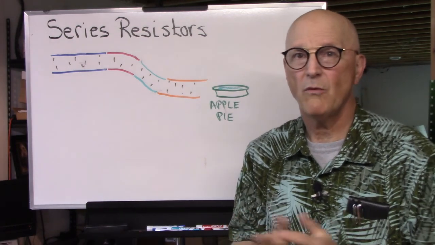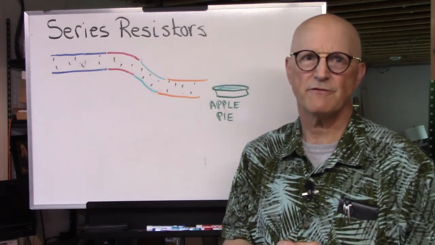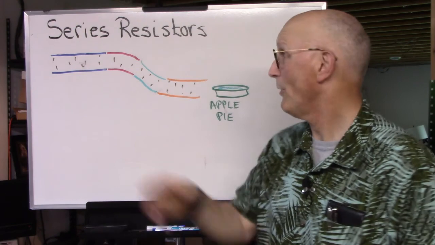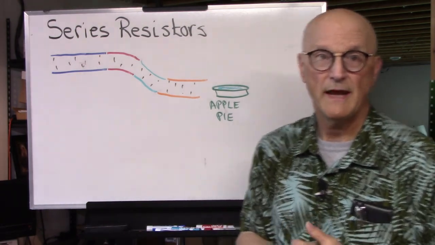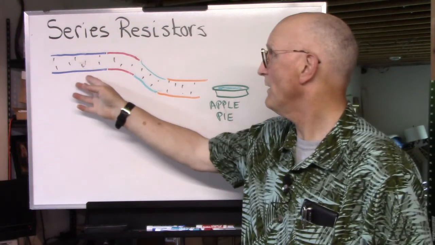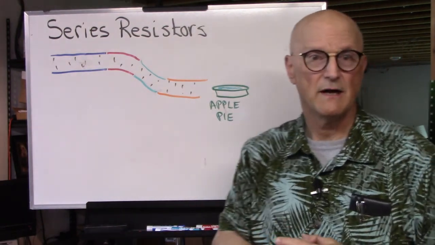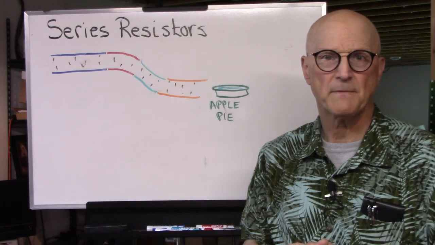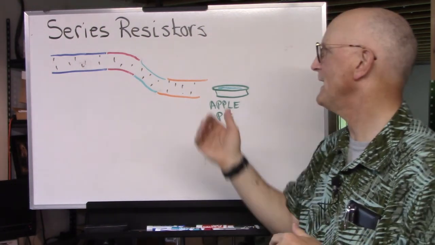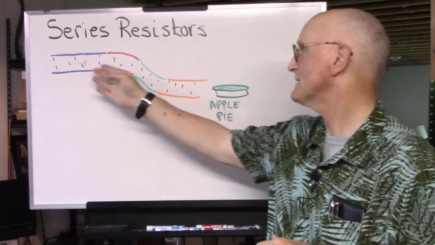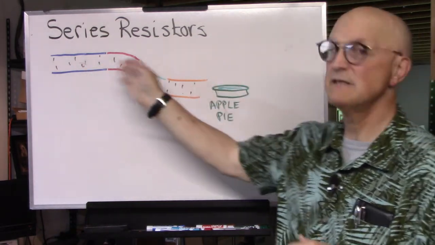Each hallway has its own resistance to the flow of people. The hallway overall is indeed longer, and there may be more obstacles in one part of the hallway than another. The resistance to the flow of people to that luscious pie is greater because of the series nature of this.